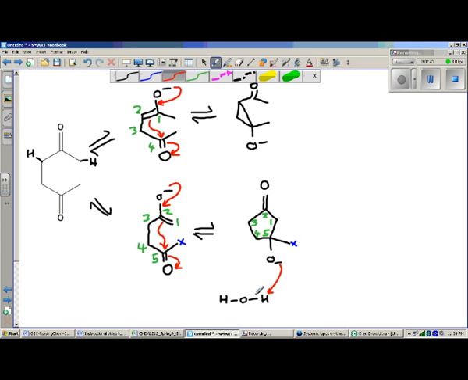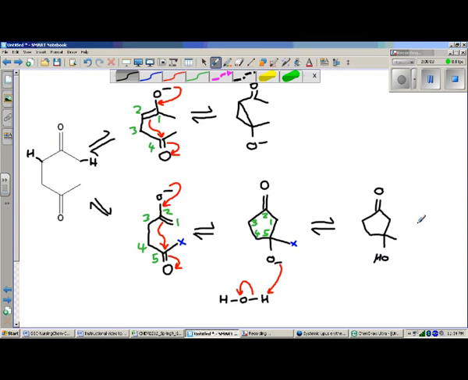So that will come along here, go over here, and essentially give us our aldol reaction product. Alright, now I'm going to take off the X here for the methyl group.